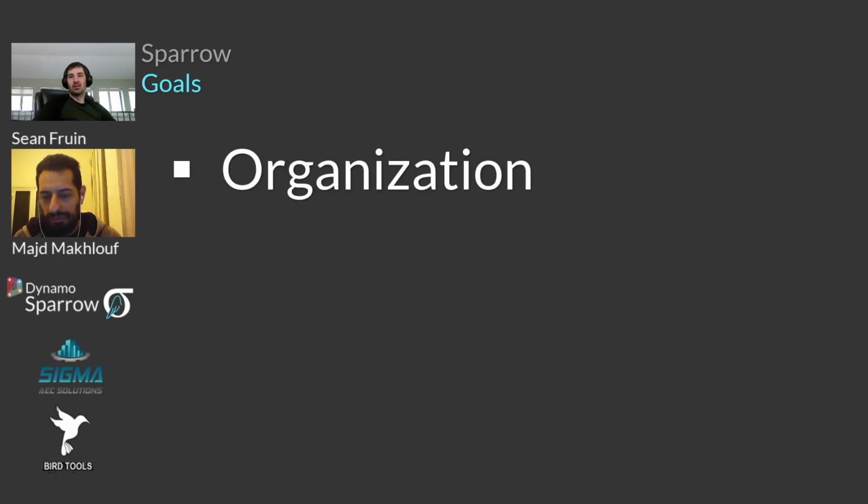So our goals for building the package, we kind of have two selfish goals. The first one is organization. After this year's AU, the class went off without a hitch, but in the background there were some issues with just organizing all these Dynamo ideas together.